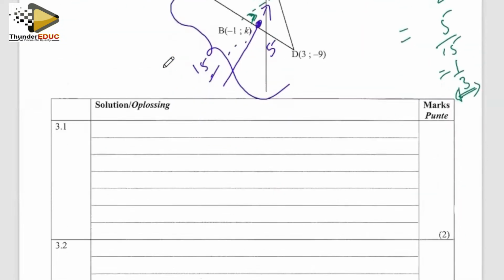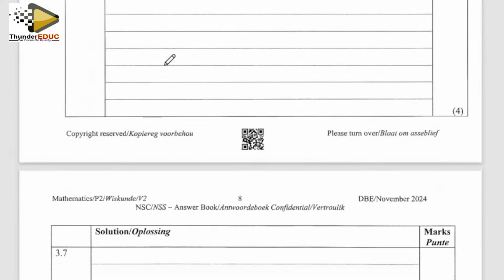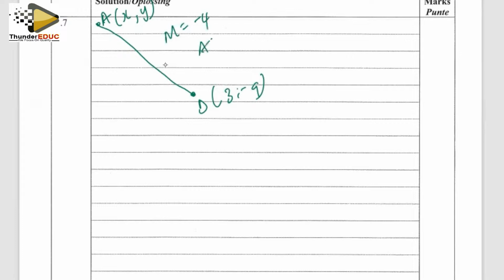Okay. So our point M is not going to be of relevance, okay? Because all we need is A, which I'm just going to name as X and Y. We already have the coordinates of D, which are 3 and -9. Okay, so our gradient is -4, and then our distance is square root of, they said 6 what?